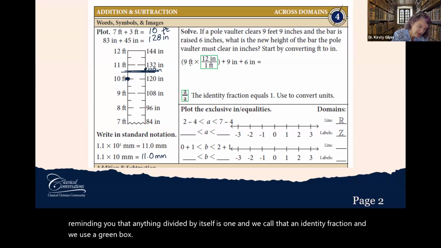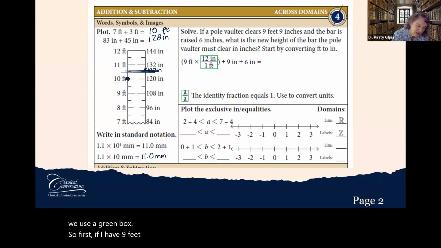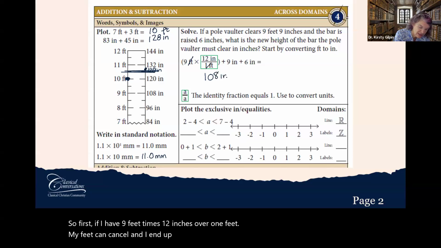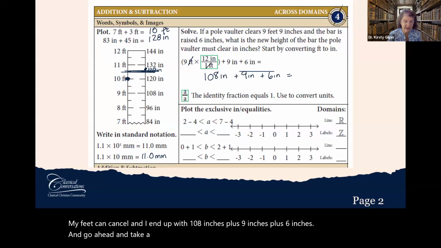So first, if I have 9 feet times 12 inches over 1 foot, my feet can cancel, and I end up with 108 inches plus 9 inches plus 6 inches. And go ahead and take a minute and add that up. And I end up with 123 inches.